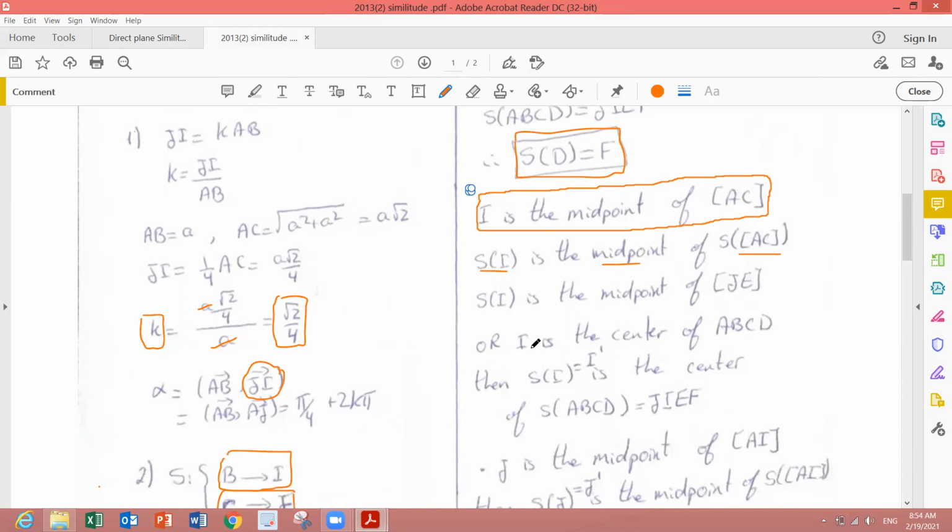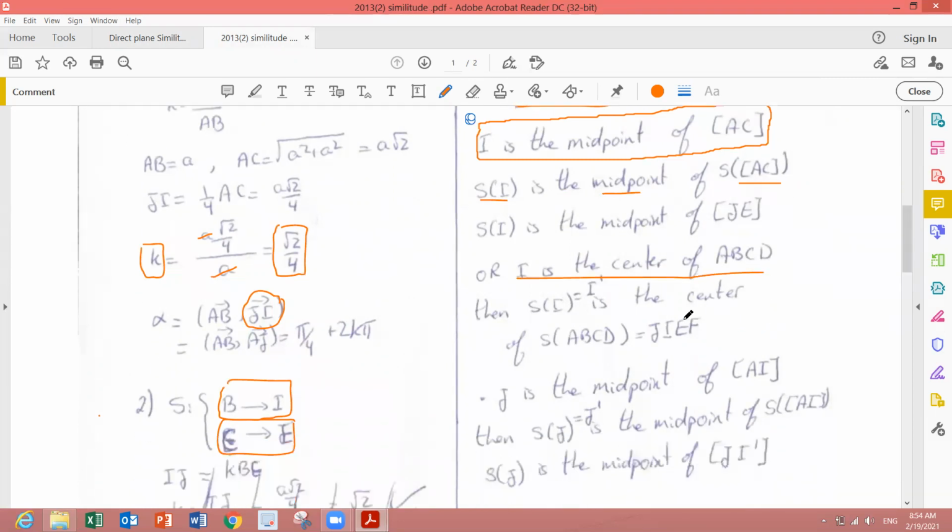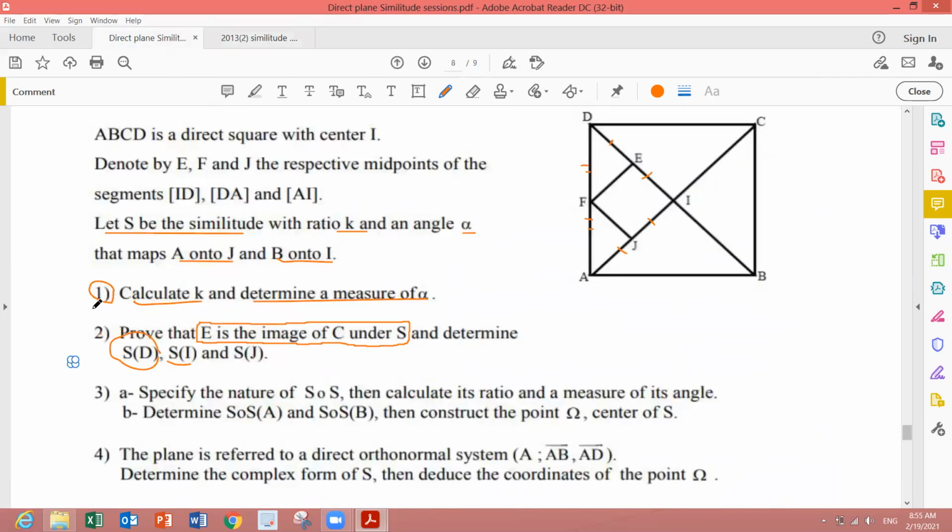Or by another method, I is the center of ABCD, then S of I, I prime, is the center of S of ABCD, which is JIEF.